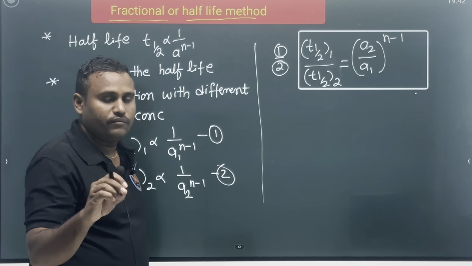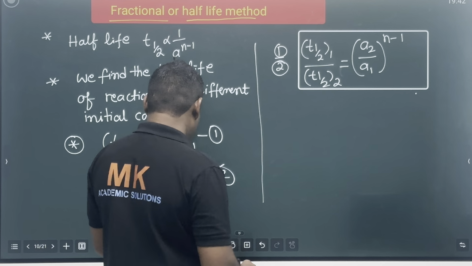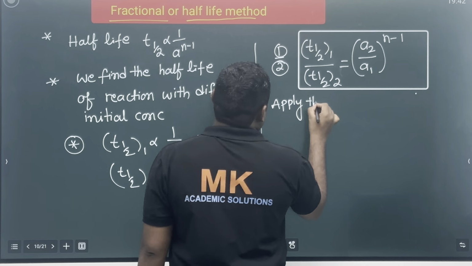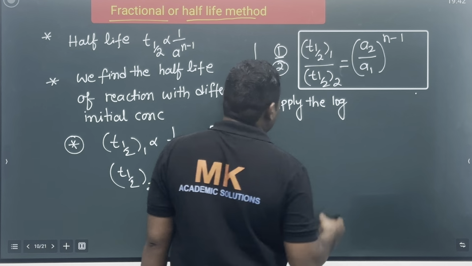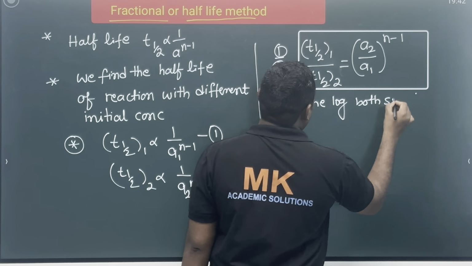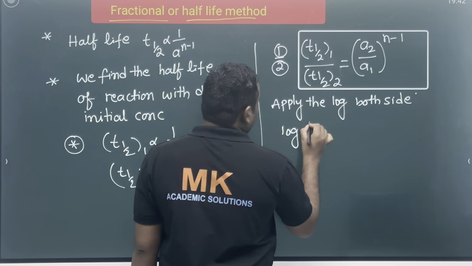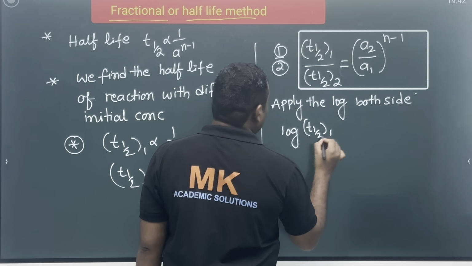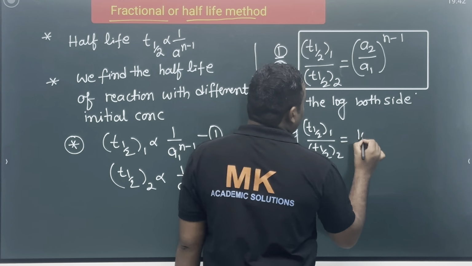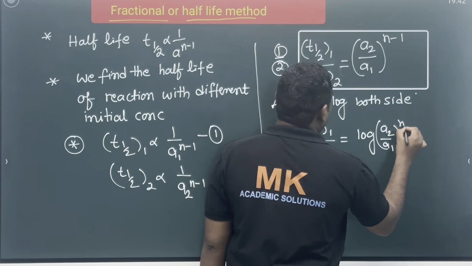Here what we will do, children, is apply the log on both sides. When you apply the log on both sides, what do you get? Log of t half 1 by t half 2 is equal to log of a2 by a1 whole power n minus 1.